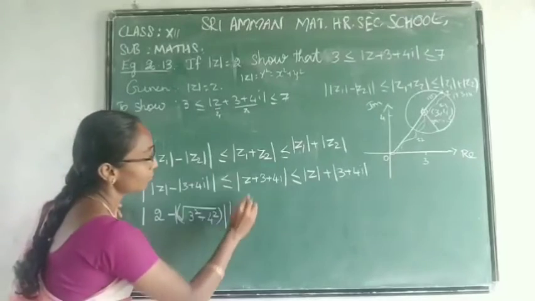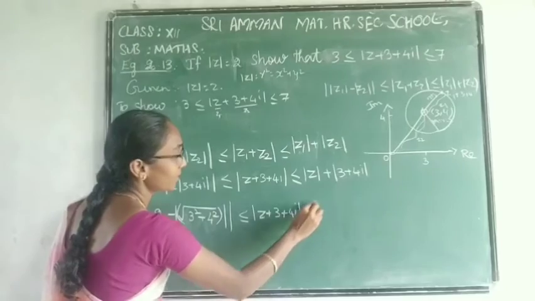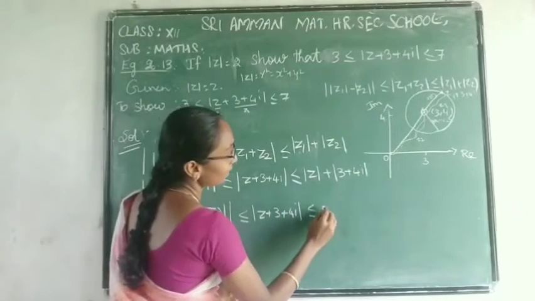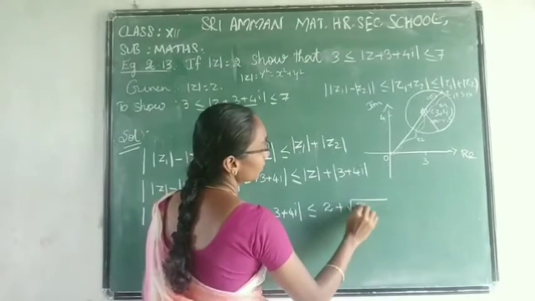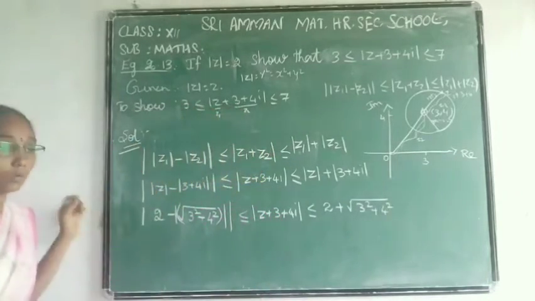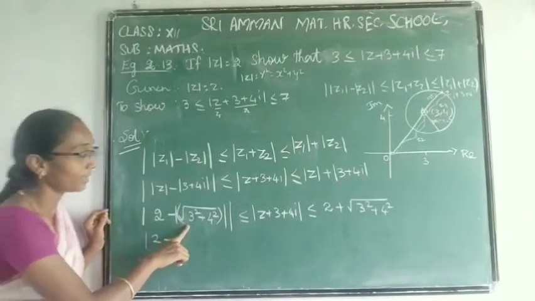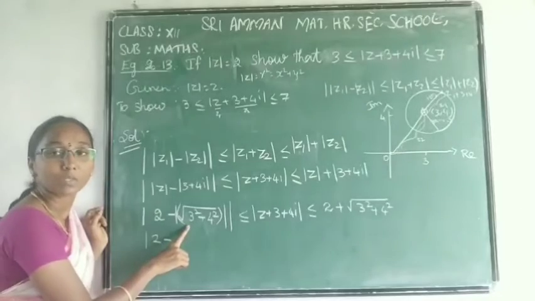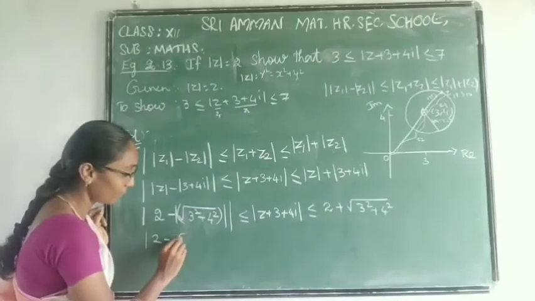Is less than or equal to modulus of z plus 3 plus 4i, which is less than or equal to, what is this? Modulus of z equal to 2 plus root of 3 squared plus 4 squared. So, 2 minus what is this? 3 squared 9. 9 plus 16 is root 25. Root 25 is 5.